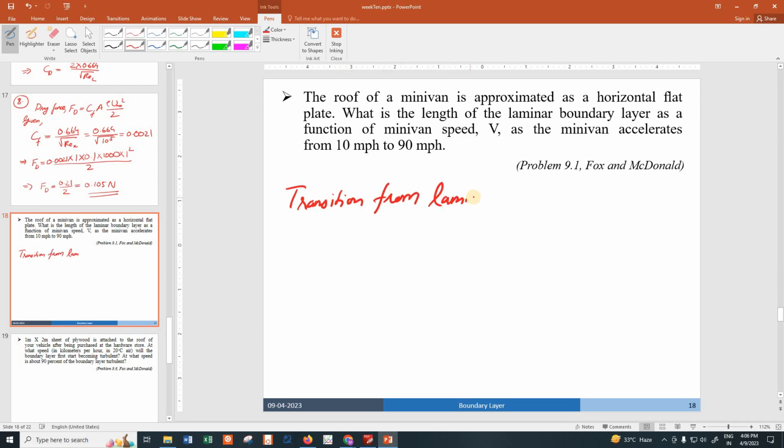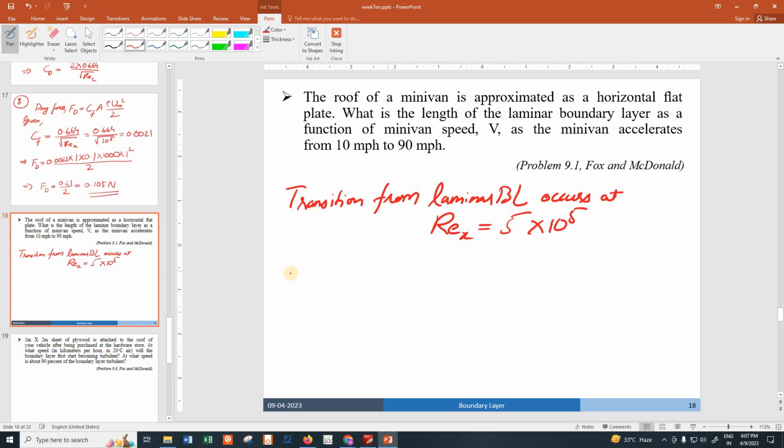Transition from the laminar boundary layer occurs at Reynolds number 5 into 10 to the power 5. So we have the Reynolds number, we have the critical Reynolds number, and we have the U infinity.